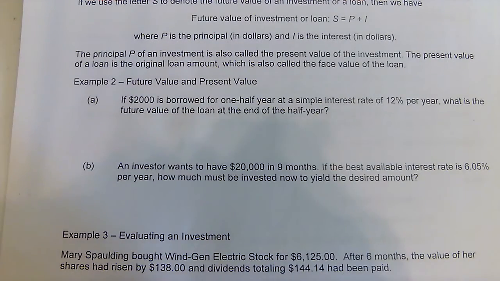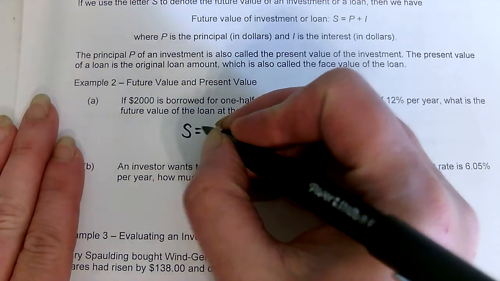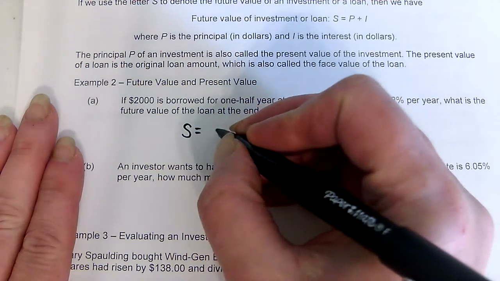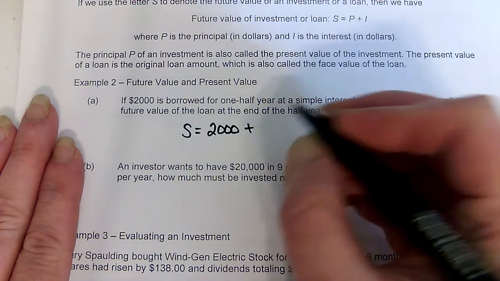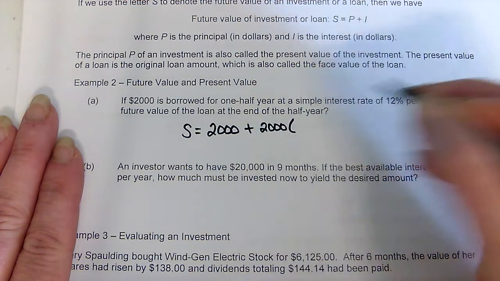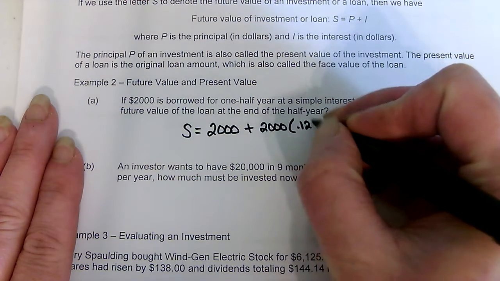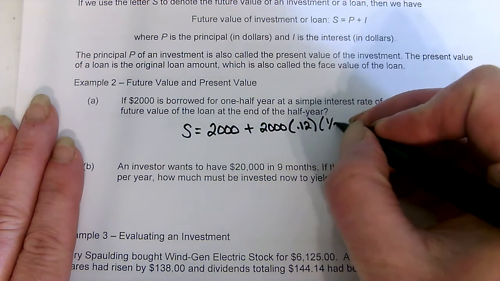So, if $2,000 is borrowed for 1/2 year at a simple interest rate of 12% per year, what is the future value of the loan at the end of half a year? We start with our $2,000 principal plus our interest: 2,000 times the interest rate times the number of years, which is 1/2.